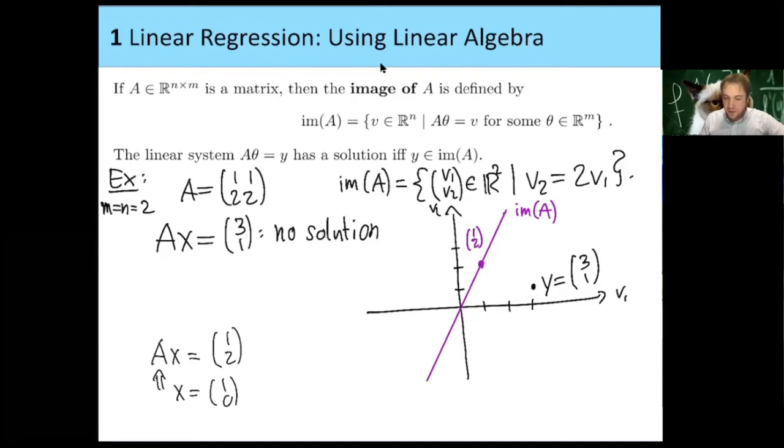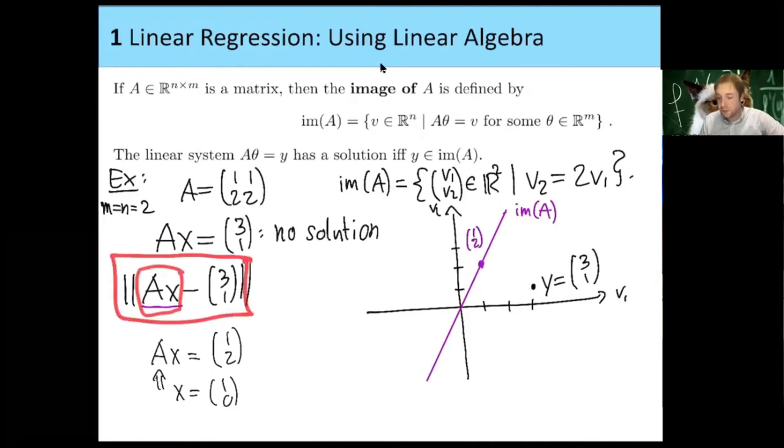Meaning, how can we minimize this Ax minus (3, 1)? So what should this be? This is in the image of A. What should we use such that this difference is small? In other words, which point on this purple line is the closest point to this point here?